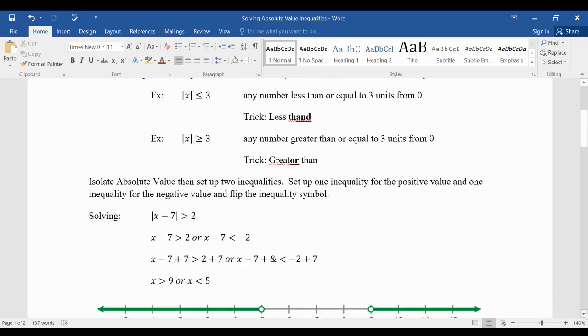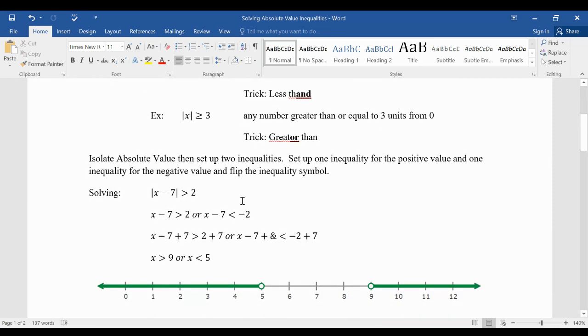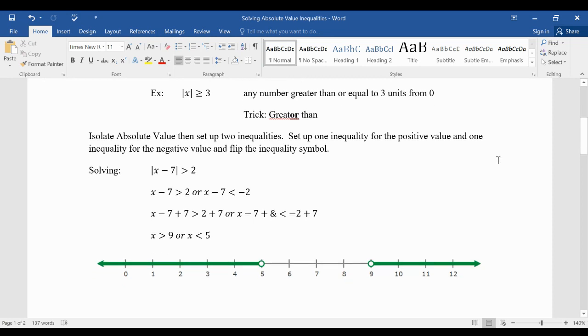Okay, so we're going to isolate the absolute value. What we're going to do, just like we did with the equations, is we're going to solve for the positive case. We're going to solve for the opposite case with a twist. So the absolute value here is isolated. There's nothing on the outside. It's the absolute value of the expression x minus 7.